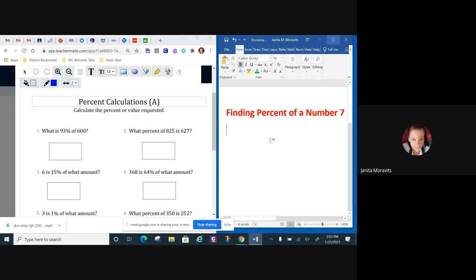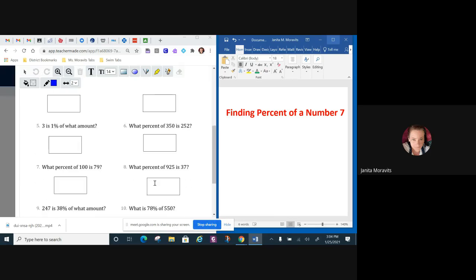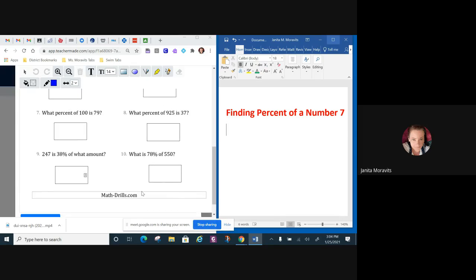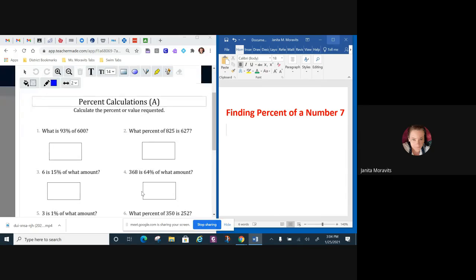All right, first of all, I'm going to give you some helpful information over here. Before we've been saying like 15% of a number is like number 1. What is 93% of 600?